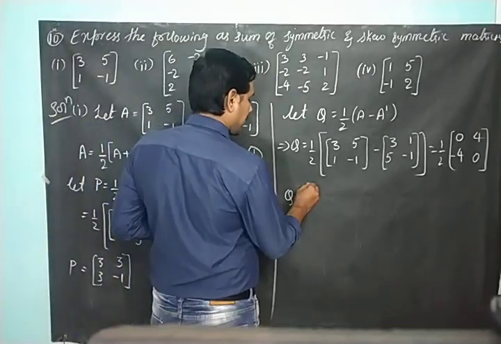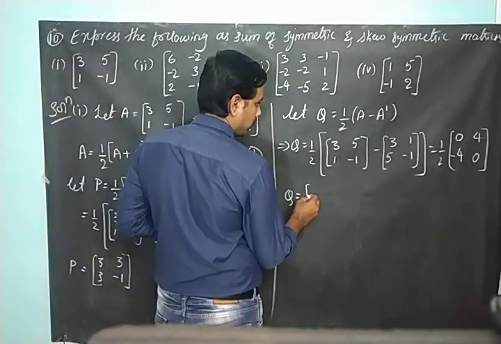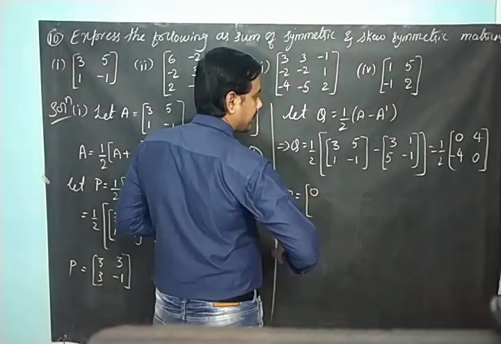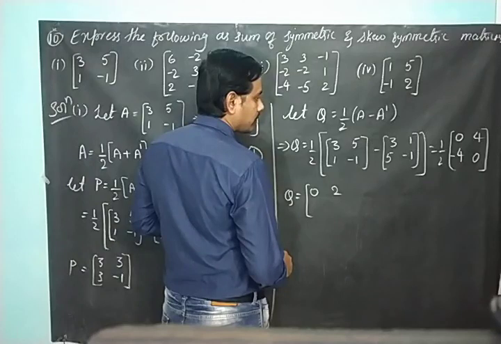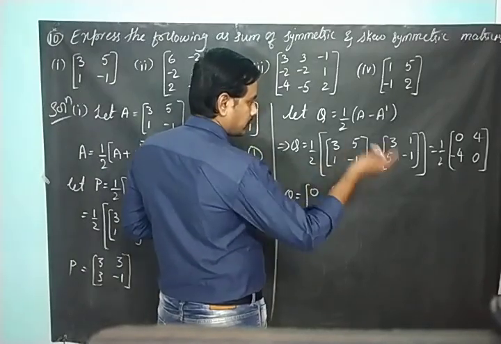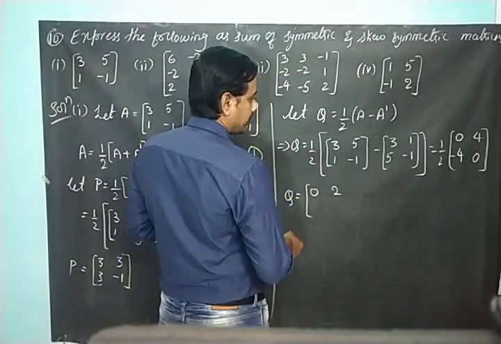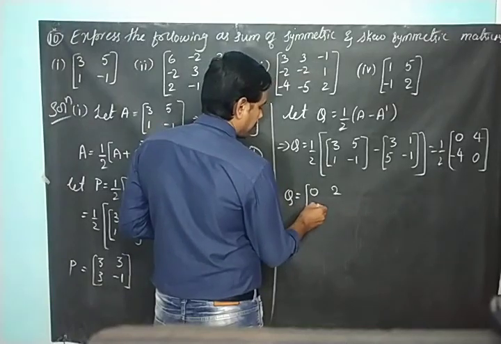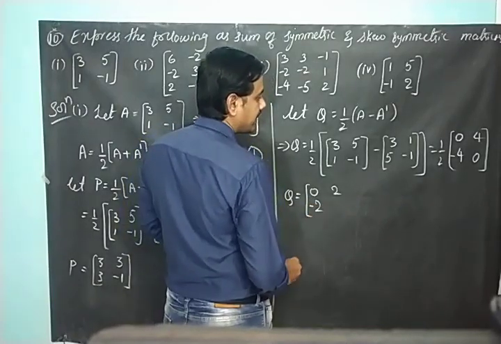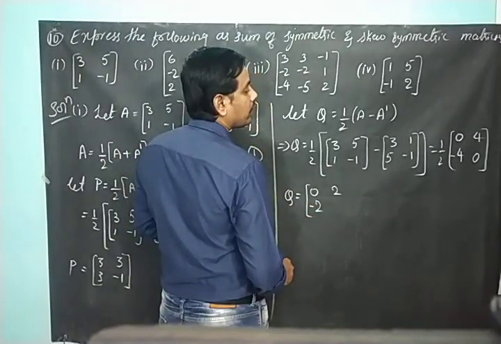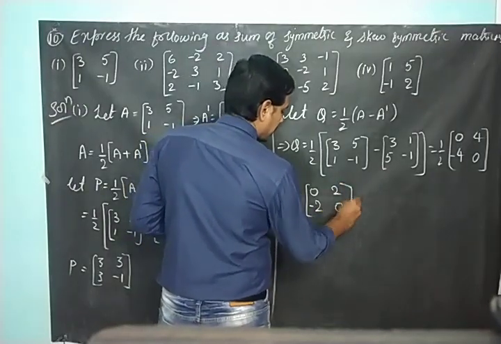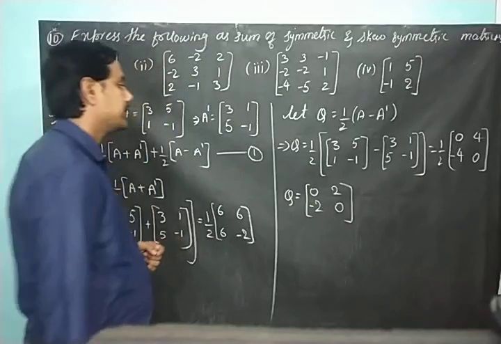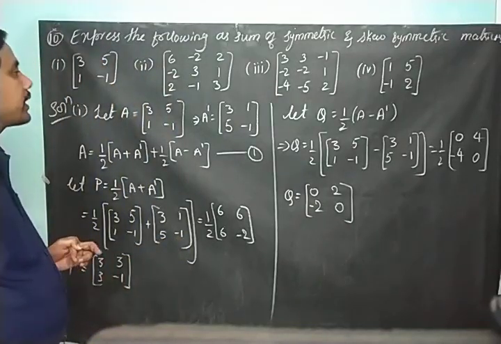So 0 divided by 2 is 0, and 4 divided by 2 is 2. Then minus 4 divided by 2 is minus 2, and 0 divided by 2 is 0. This is the value of Q.